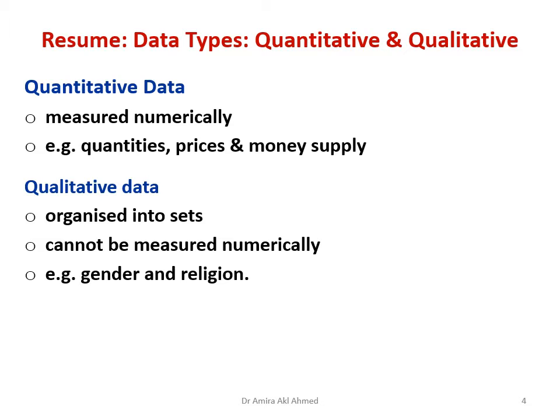Qualitative data could be organized into sets or categories. Examples of these categories include gender and religion. In such a case, data cannot be measured numerically, but can be classified into categories according to the characteristics that identify the variable.